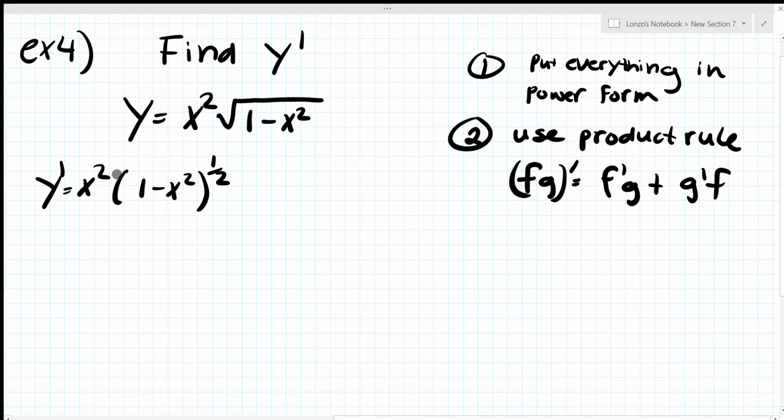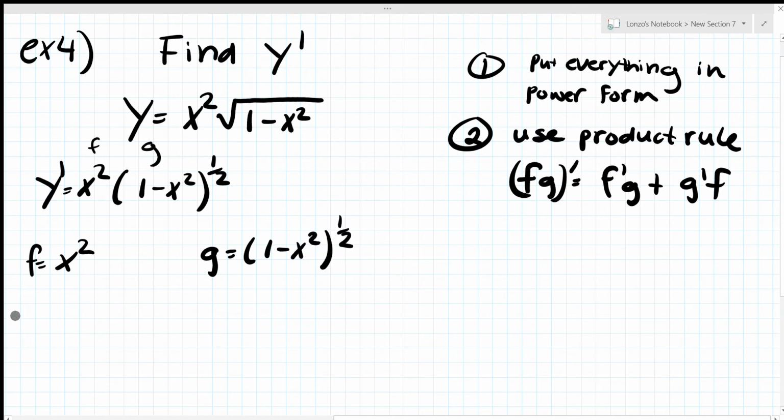This is like my f and this is my g. So we said that f is x squared and g is (1 minus x squared) raised to the 1/2, right?